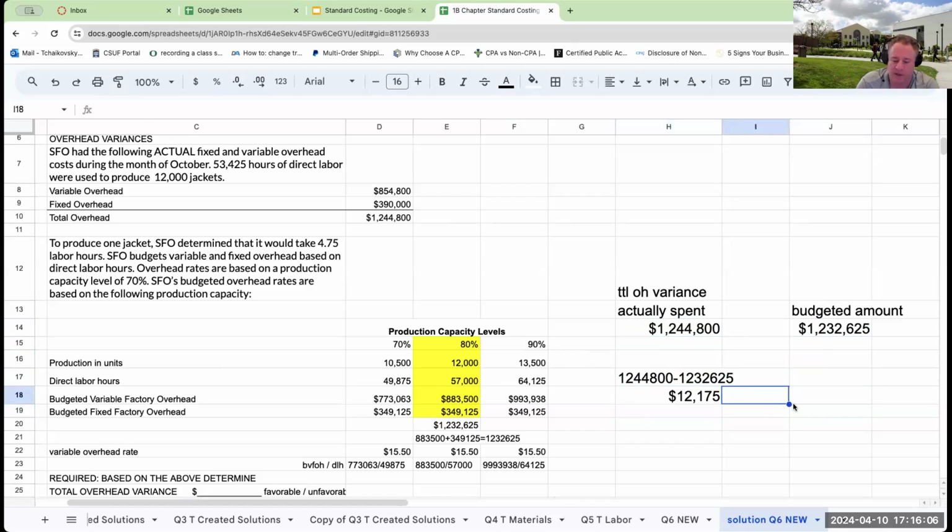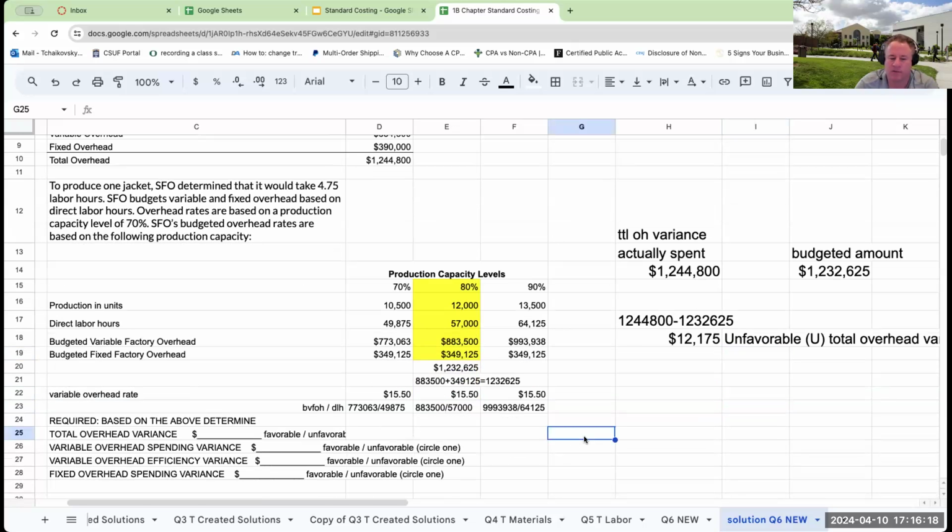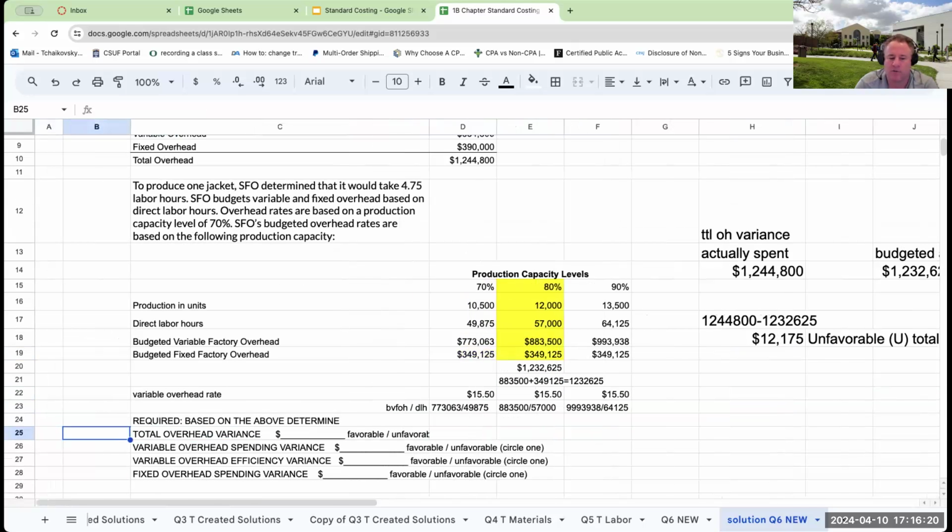So this is going to be an unfavorable total overhead variance. So my total overhead variance is going to be 12,175 unfavorable.